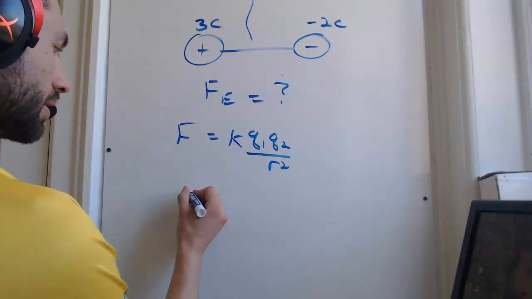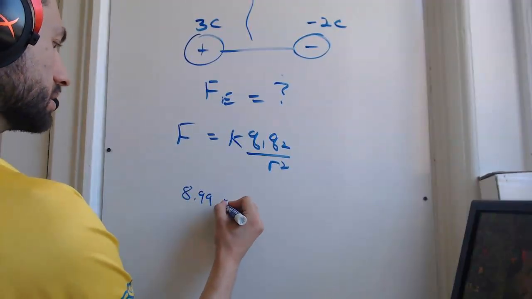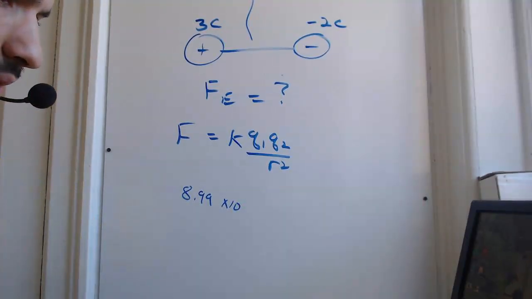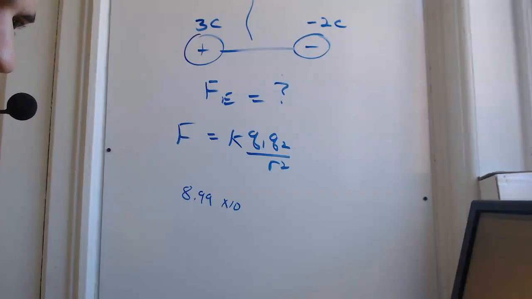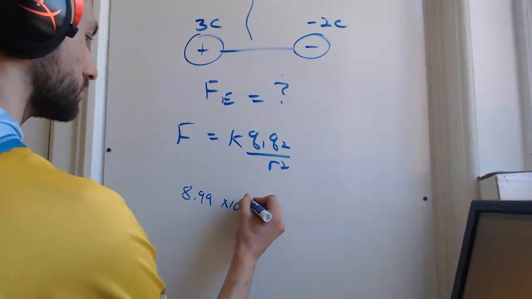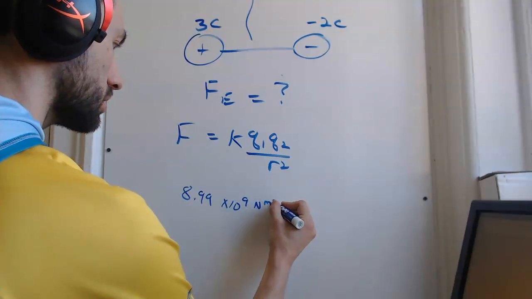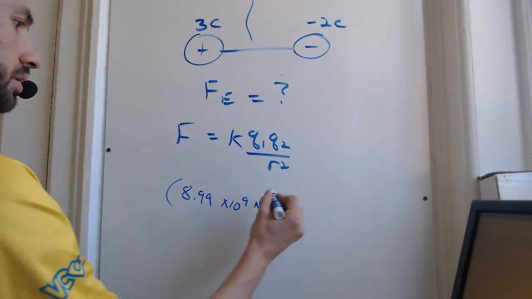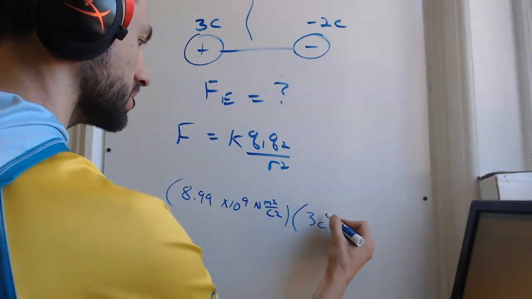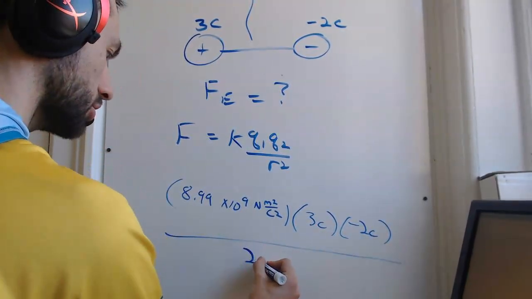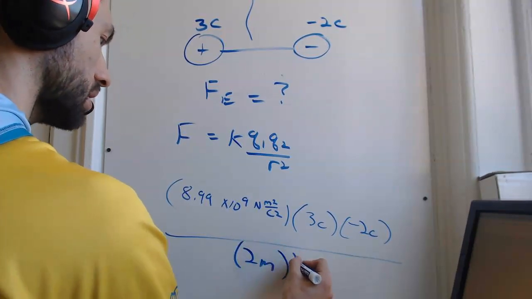All right, so now I just plug in 8.99 times 10 to the, was it 9th, 8th? I don't remember anymore. To the reference table, 9th. Newton meter squared per Coulomb squared, times 3 coulombs times negative 2 coulombs, all over 2 meters squared.